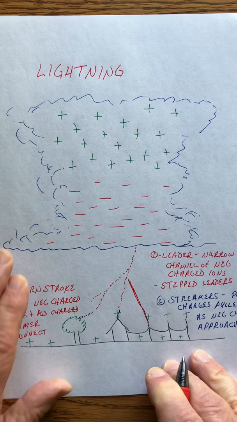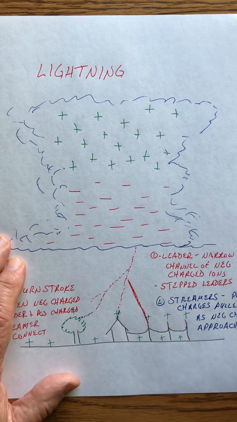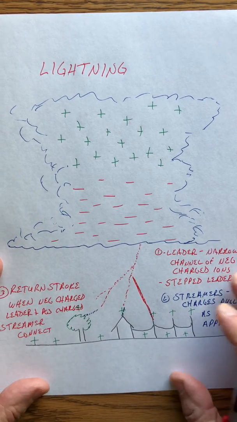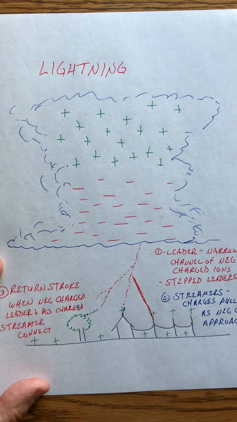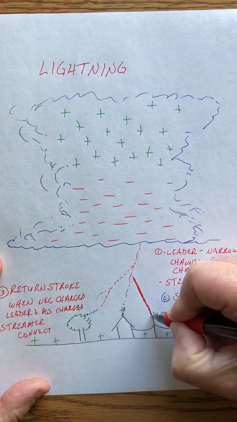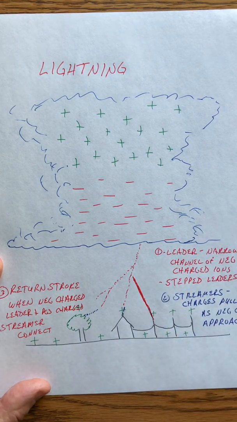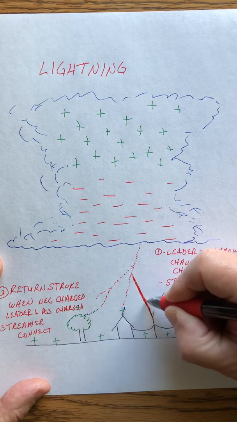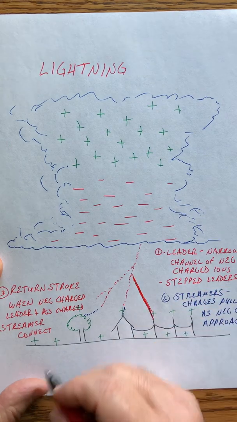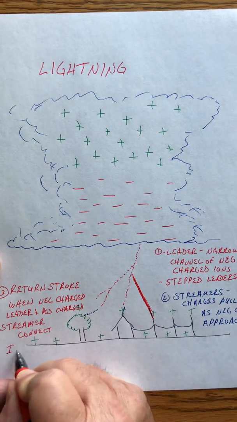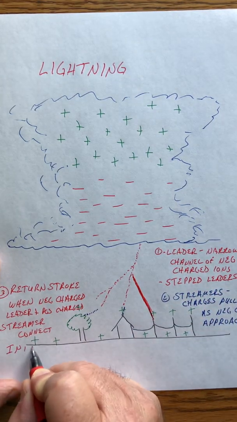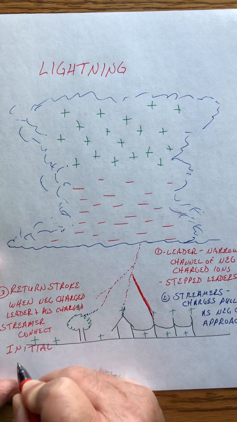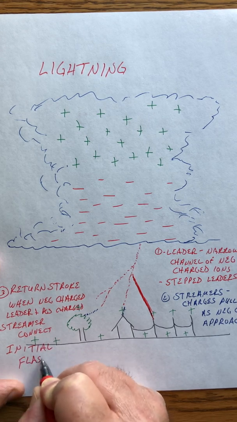Okay, now when that happens, this is when you close the circuit of the lightning bolt, and you start to drain the electrons, and this causes the initial flash. Okay, and so you get a flash. So the return stroke is the initial flash of the lightning bolt.